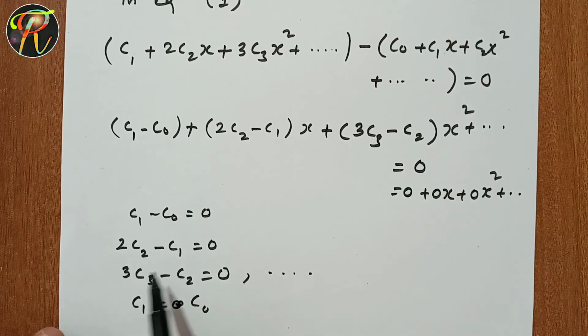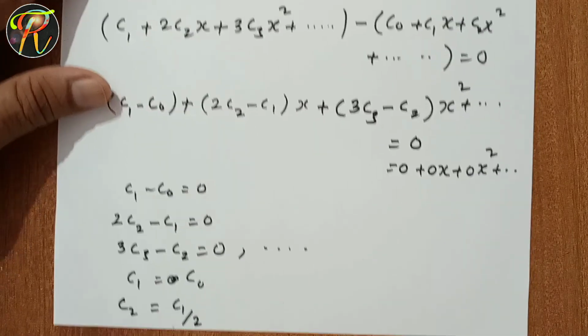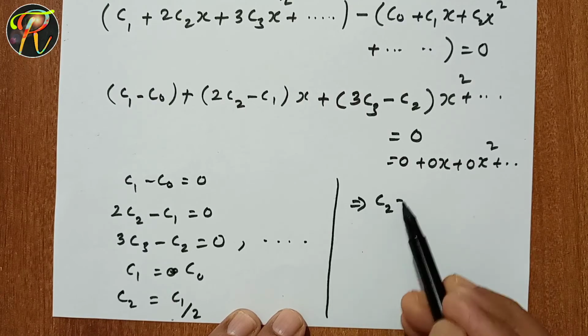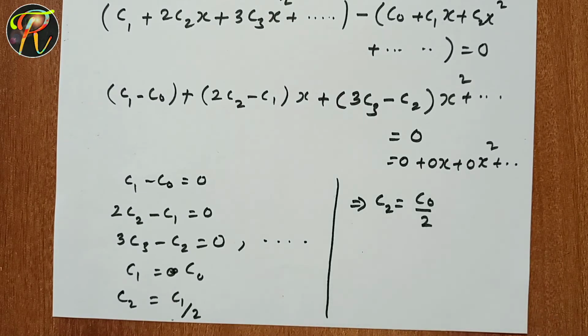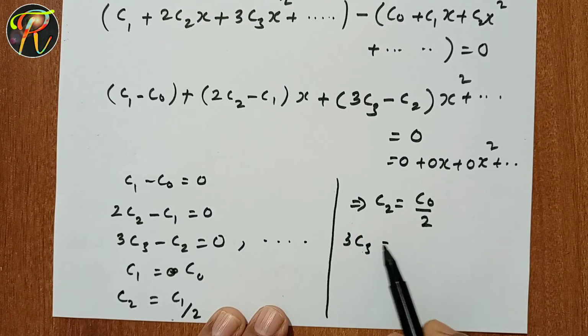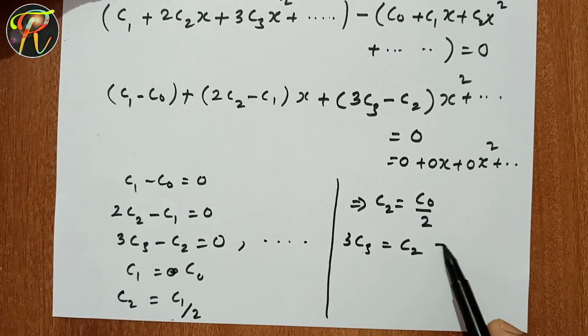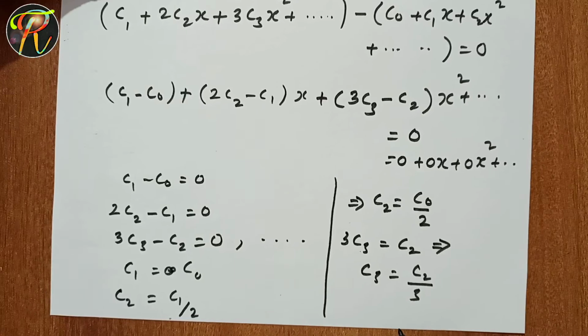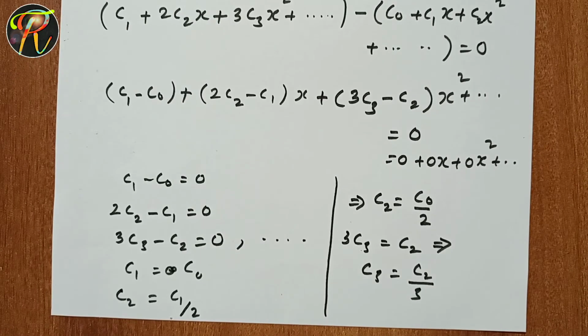Now c2 is equal to c1 by 2, and already c1 is equal to c0, means c2 is equal to c0 by 2. Here 3c3 is equal to c2, means c3 is equal to c2 by 3. So we see here all the values in terms of c0.